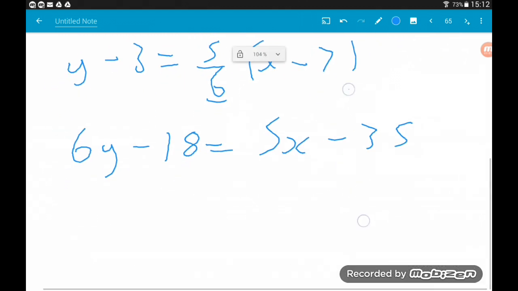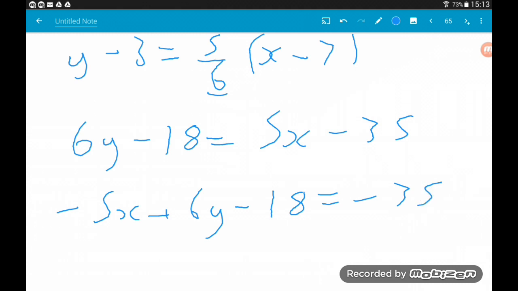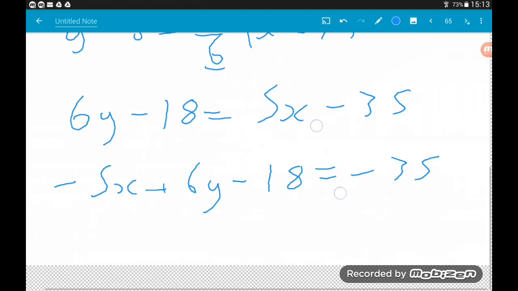So if we subtract 5x, minus 5x plus 6y minus 18 is equal to minus 35, and then just add 35.